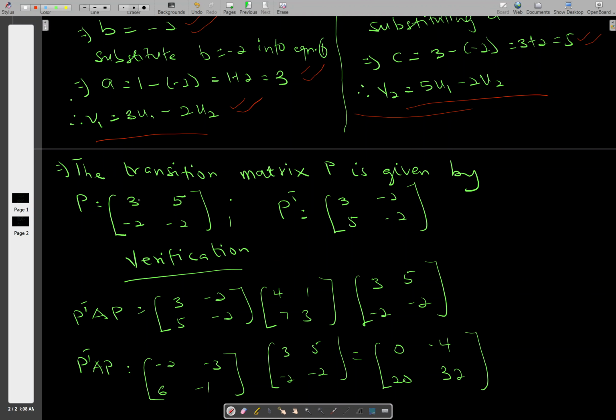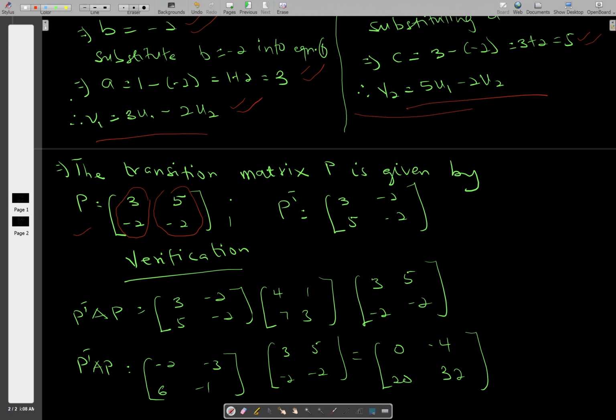That will be the first column of the transition matrix P. The same thing applies to V2. We have 5U1 minus 2U2, so we have 5, negative 2. So this is our transition matrix.